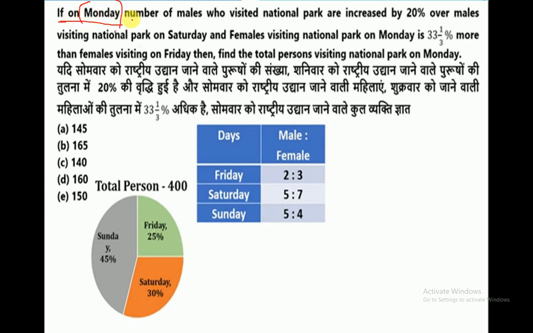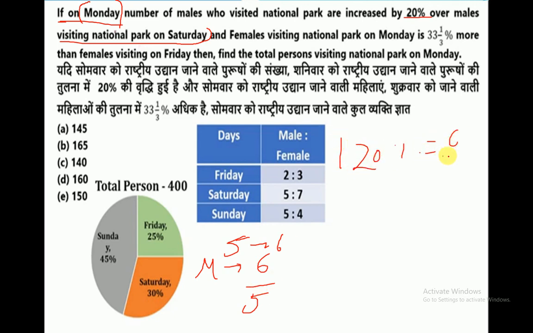If on Monday the number of males who visited the national park is increased by 20% over males visiting the national park on Saturday, this is the first part of our question. Males increased by 20%. An increment of 20% means from 5 it has been increased to 6, so it's 6 by 5, or otherwise you can consider 120%.